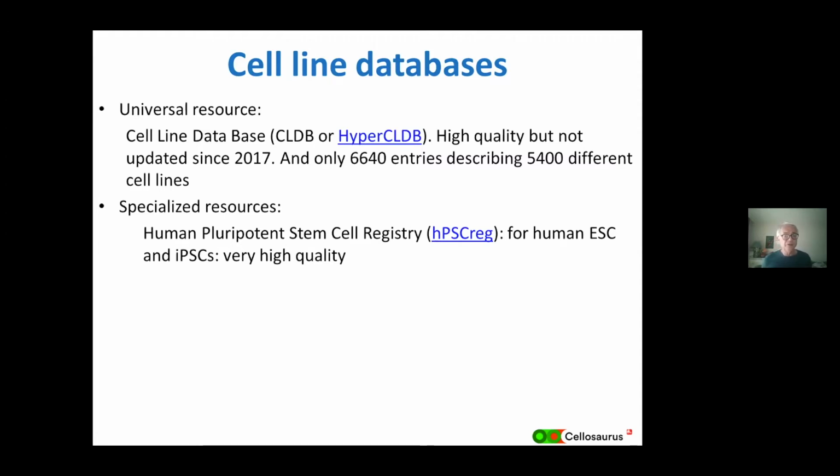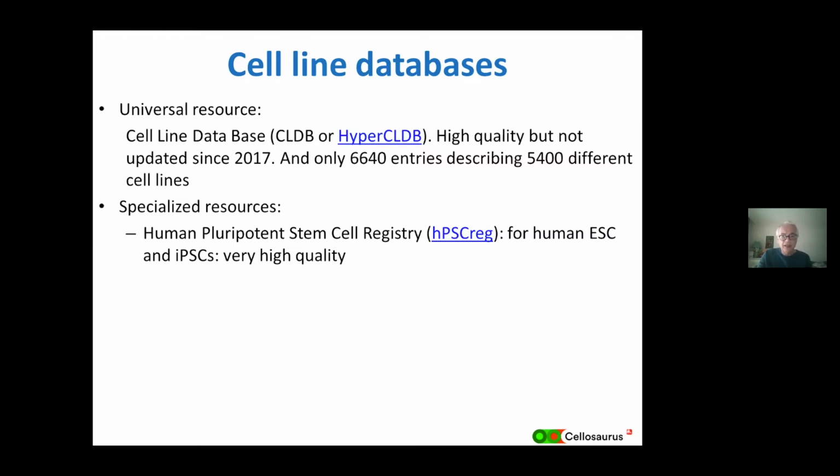One of the most active and ongoing resources is the Human Pluripotent Stem Cell Registry, which is specific for human embryonic stem cells and pluripotent stem cells. It's very high quality. It's quite well done in terms of bioinformatics, in terms of all the tools available through it. You have APIs to query it.